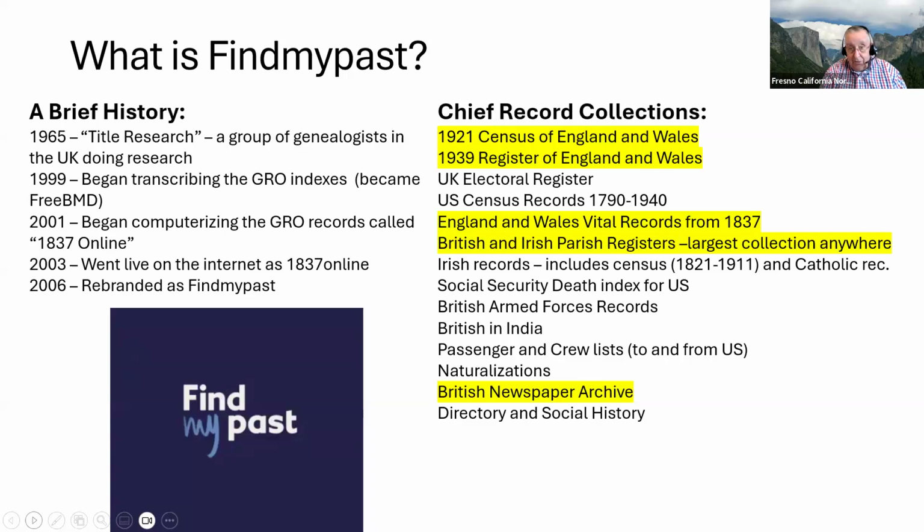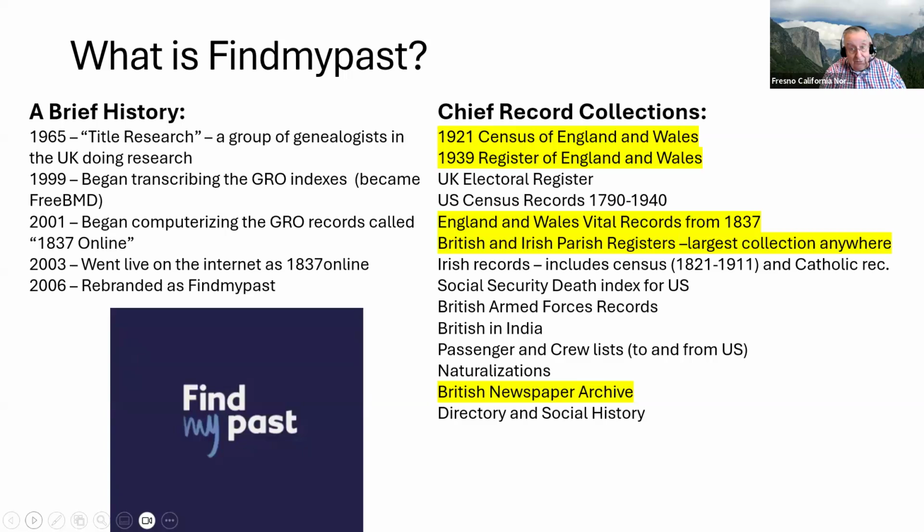Also, the England and Wales vital records since 1837, these records that they were indexing from way back when, and the British and Irish parish registers. They have the largest collection of parish registers for Great Britain and Ireland of anywhere in the world. They have a great collection of Irish records.